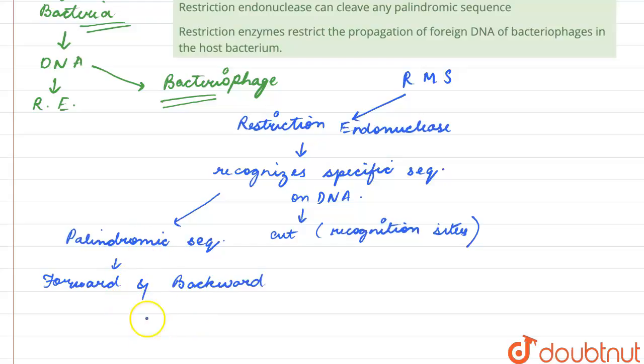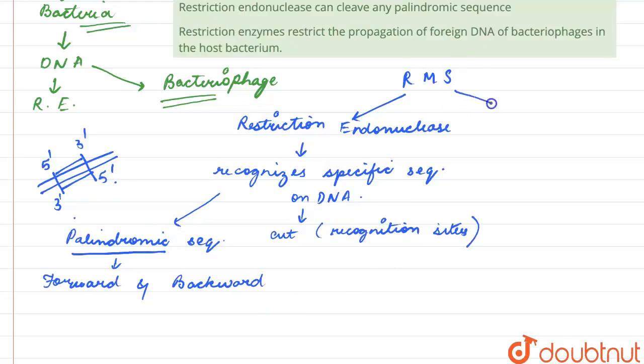Now, the restriction endonuclease can cut at the specific sequences or the palindromic sequences in the double strands. Suppose it is cutting here. So the base pairs present here will be palindromic. That is, if they are read from 5' to 3' and on the complementary strand from 5' to 3', they will still read the same.